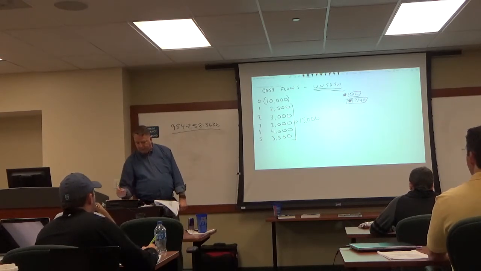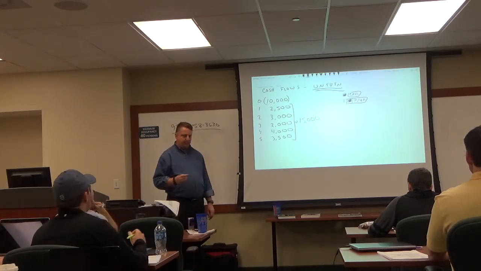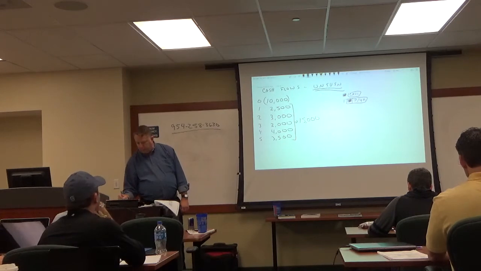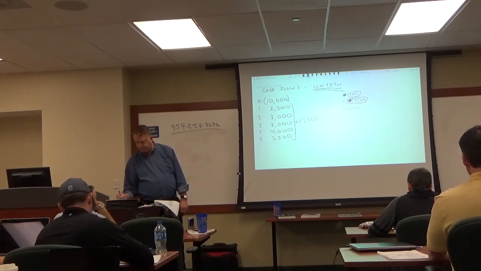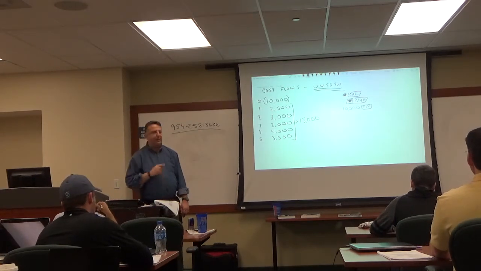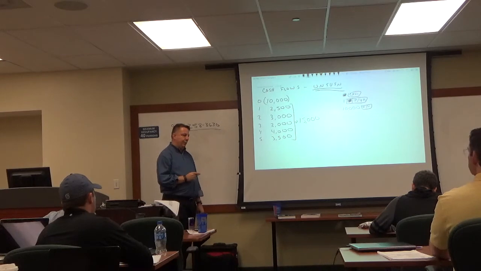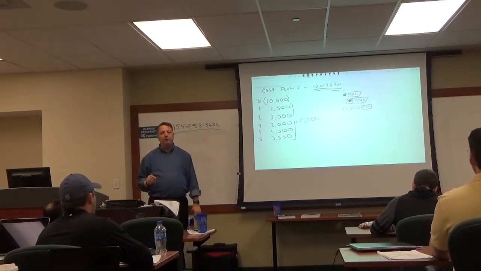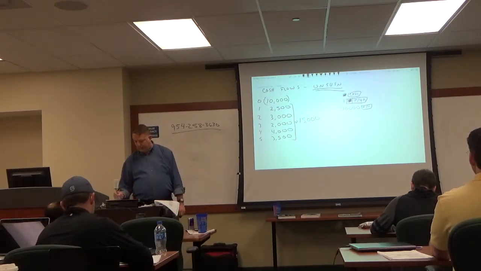But now, the first piece of this is where it's going to be a little bit different for cash flows, for uneven cash flows. You're going to start out and you're going to put in 10,000 plus or minus, but instead of the present value key, here you're going to be using the cash flow key. All right, let's show you where that is on the calculator here real quick.